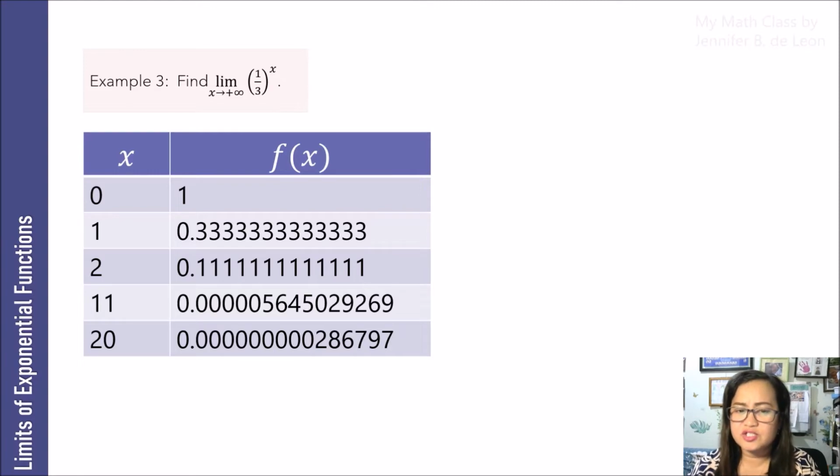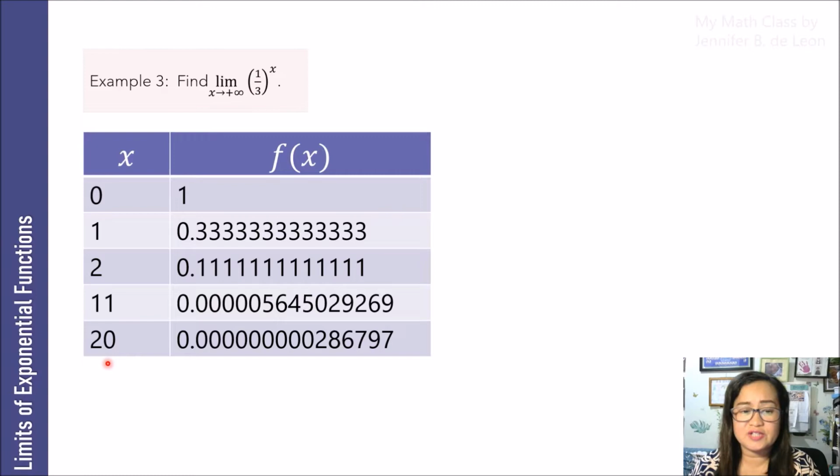That is just by replacing x here. So if x is 0, then we will write 0 here instead of x, so that will give us 1. If x is 1, then we will just have 1/3, or in decimal form, we have this. And we get the corresponding values for when x is equal to 2, 11, and 20.